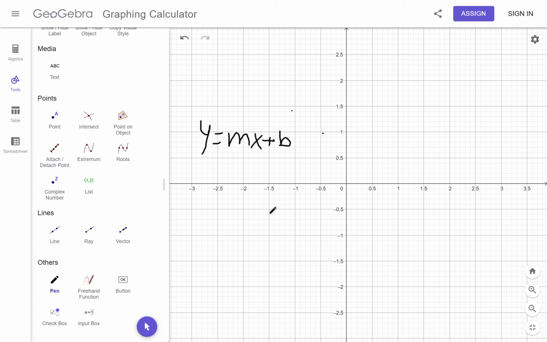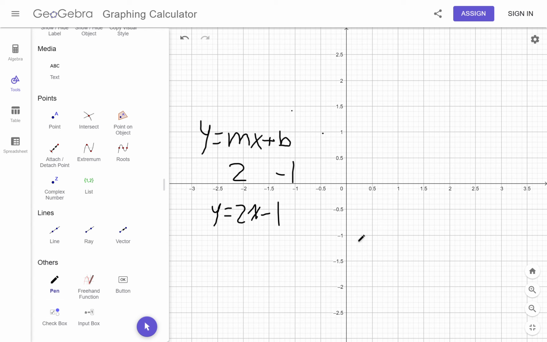So let's try an example. Say the slope is 2 and the y-intercept is -1. So in equation form, that would look like this: y equals 2x minus 1.